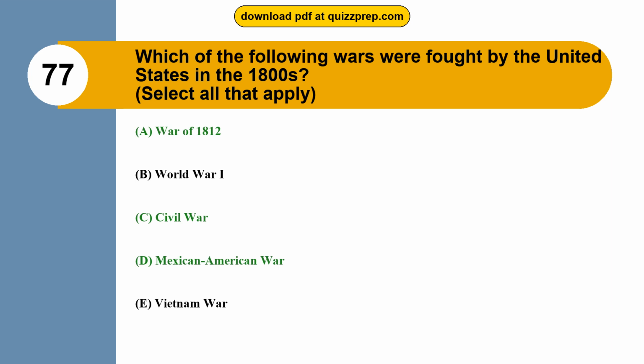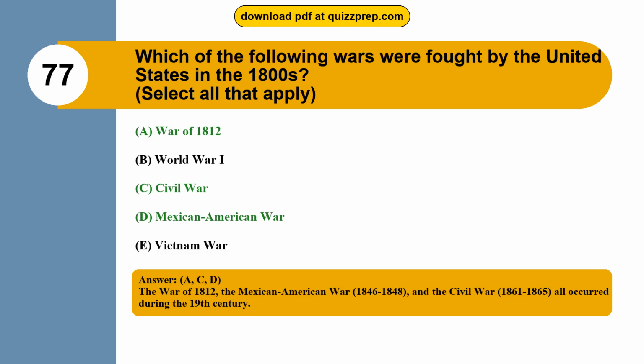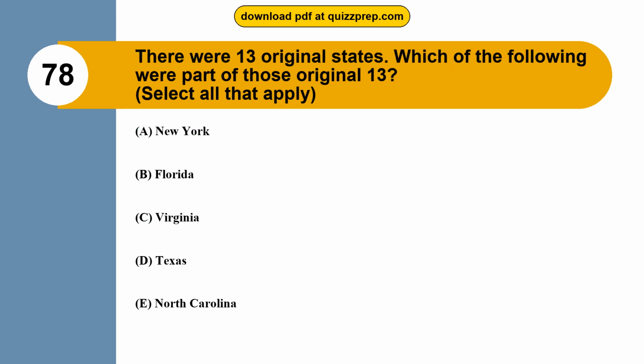The correct answers are options A and C and D. War of 1812, Civil War, Mexican-American War. The War of 1812, the Mexican-American War, 1846 to 1848, and the Civil War, 1861 to 1865, all occurred during the 19th century.